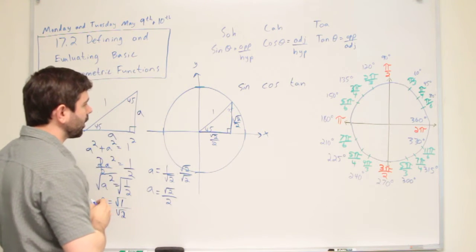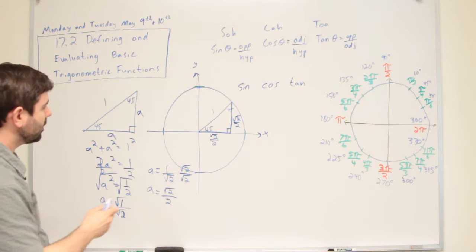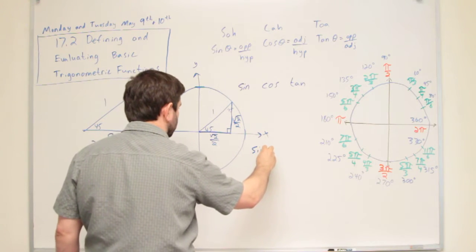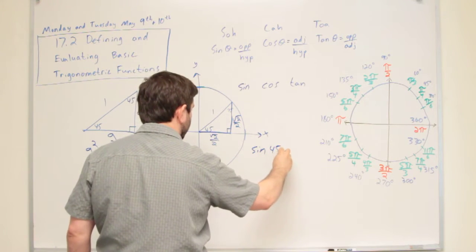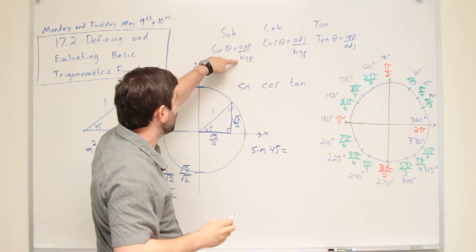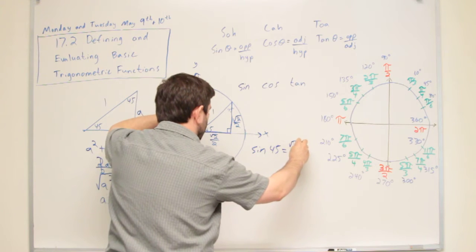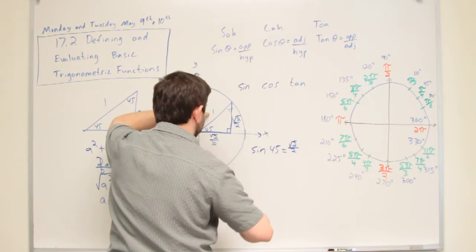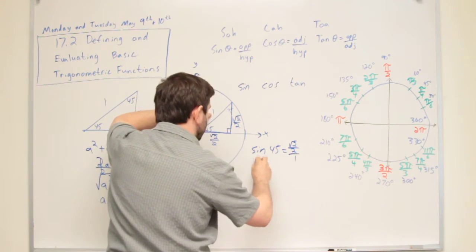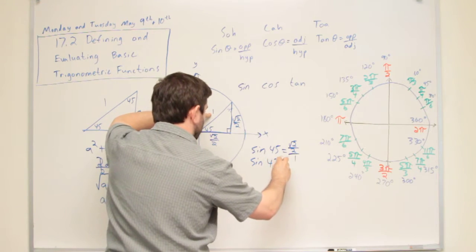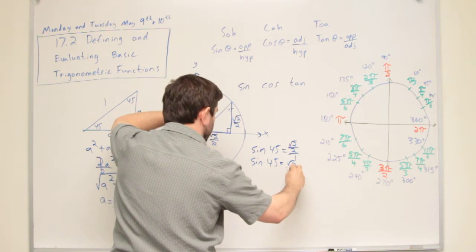It's a 45-degree angle up there. So sine of 45, sine is opposite over hypotenuse, root 2 over 2, divided by 1. Sine of 45 equals root 2 over 2.